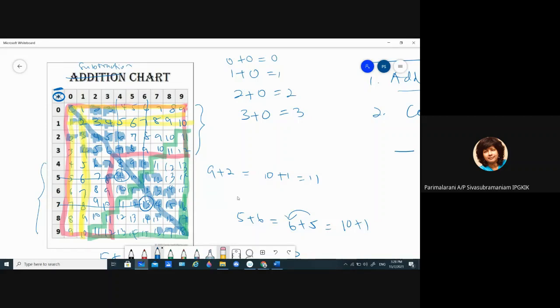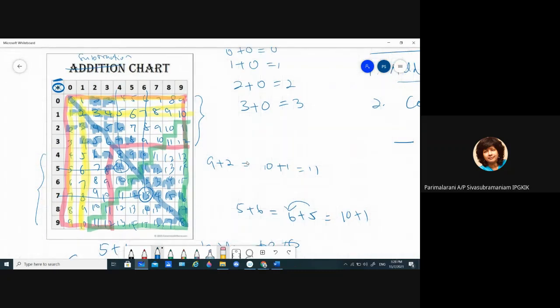The one thing I forgot to tell you just now is the commutative principle. Because of the commutative property, 2 minus 1 is 1, and 2 minus 1 here is 1, or 7 minus 4 is 3, and 7 minus 3 is 4.